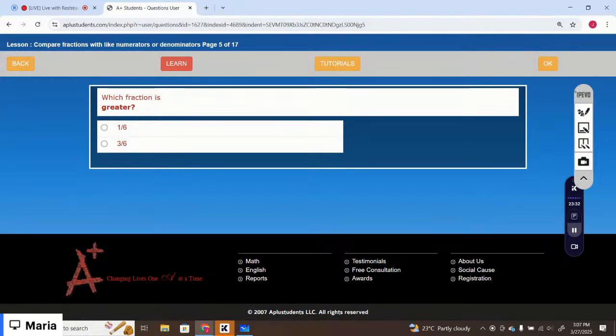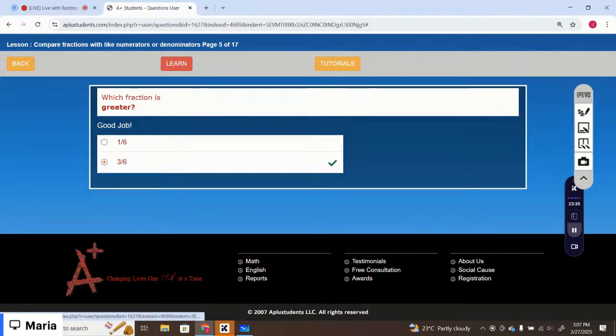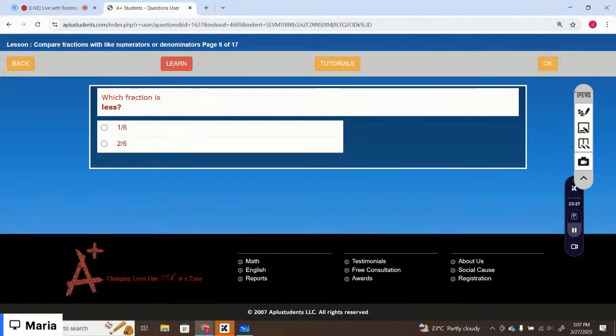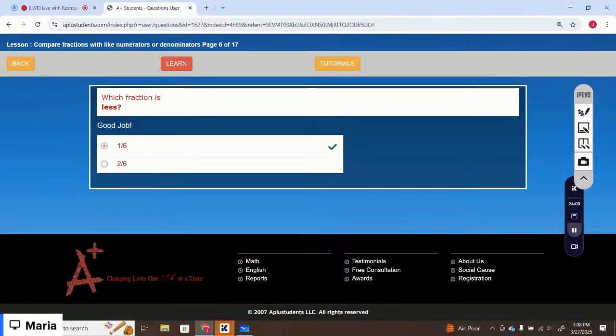So 3 by 6 is bigger than 1 by 6, right? 1 by 6 is less than 3 by 6. Option number 1 is the correct option.